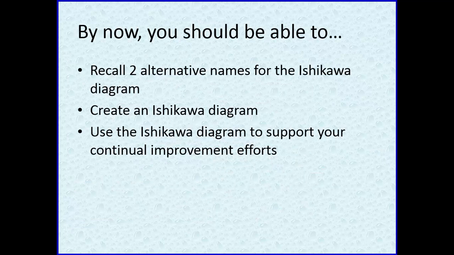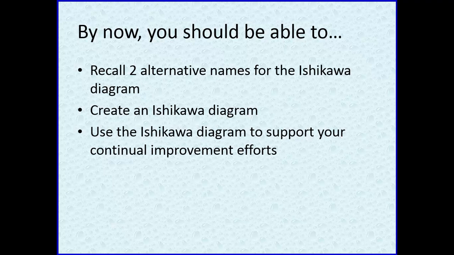By now, you should be able to recall several names for the Ishikawa diagram. You should be able to create a cause and effect diagram of your own, and you should be able to use your cause and effect analysis in order to drive continual improvement.